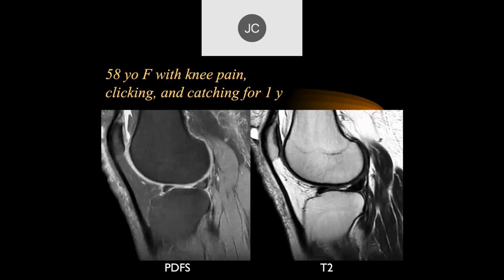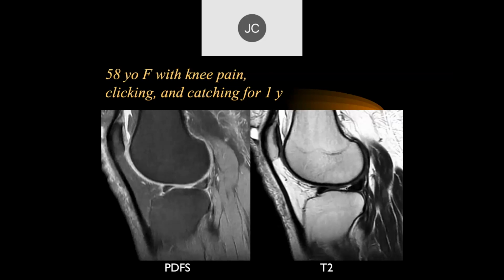If you do T2 fat suppressed images, you'll get better contrast. But I think there are other pathologies that T2 fat suppressed imaging is not as good at. So overall, we've found that the optimal way to do it is a PD fat sat in the sagittal plane with a regular non-fat suppressed T2. That really gives us the optimal ability to evaluate articular cartilage lesions.